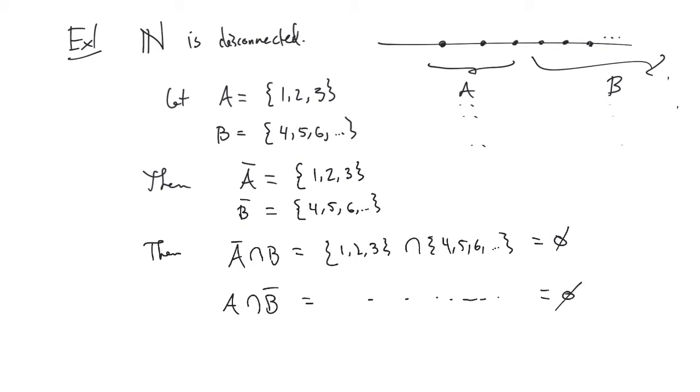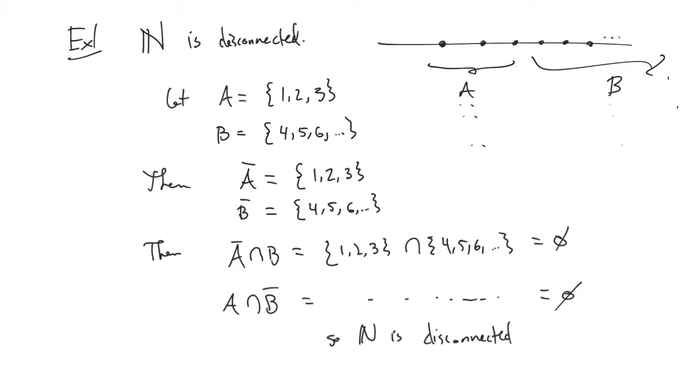Because these closures are the same as the original sets. So N is disconnected. All right? There are many, many ways that you could have split it into two pieces. You could have just said, 1 is A, and then B is everything else. Or you could have gone A is all the evens and B is all the odds. That's way fancier than is necessary, but you can do it.